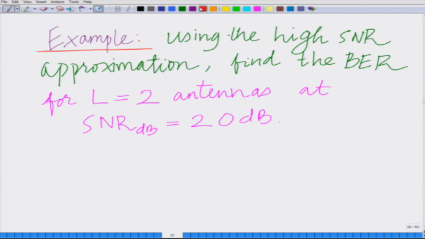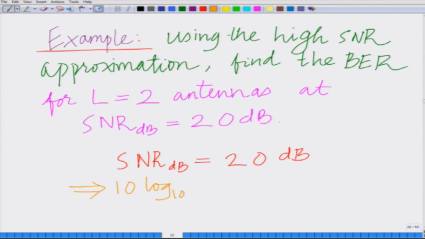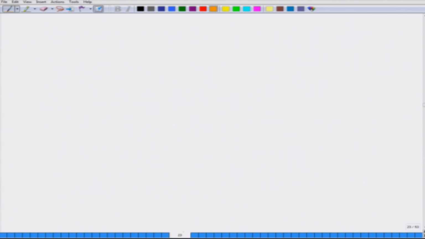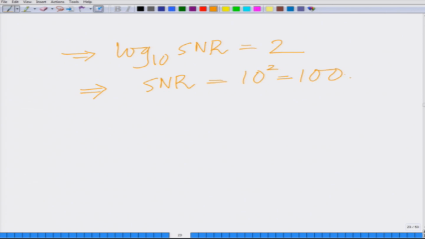And therefore, since we are given that SNR in dB equals 20 dB, that implies that 10 log10 SNR equals 20, which implies log10 of SNR equals 2, which implies the SNR equals 10 squared, equals 100.